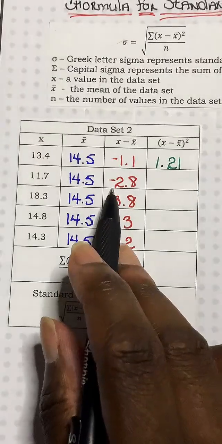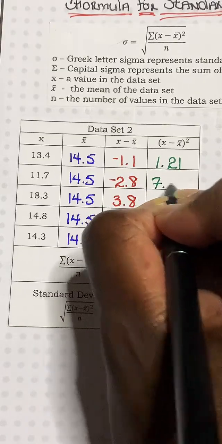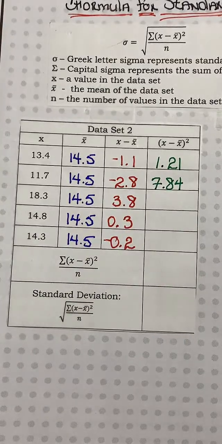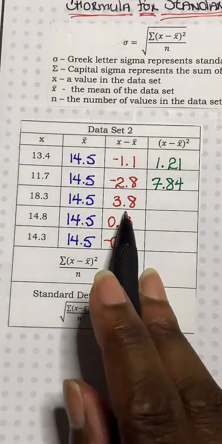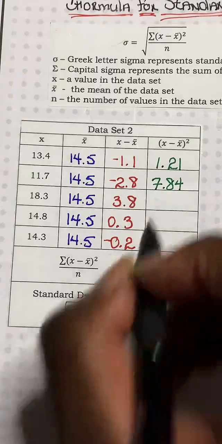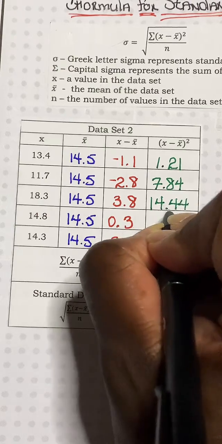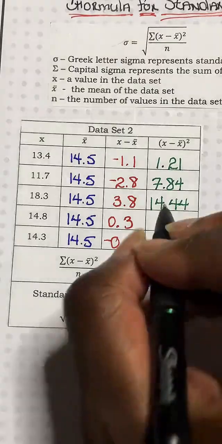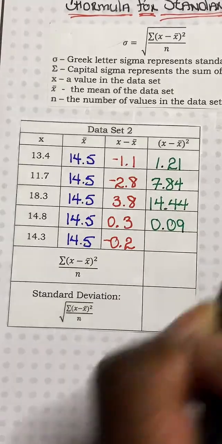Now we have -2.8 squared, and that gives me 7.84. Then 3.8 squared. Make sure it's not 3.8 times 2. It's 3.8 squared, which means 3.8 times 3.8, which gives us 14.44. Now you've got 0.3 squared, which gives me 0.09.